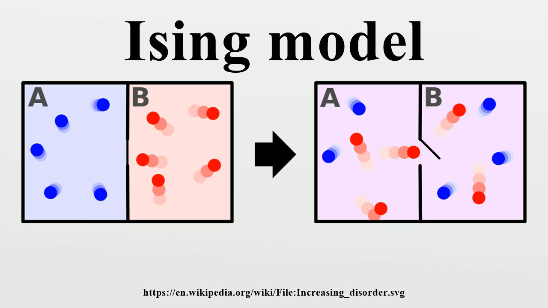Furthermore, since the energy equation H sigma only changes depending on the nearest neighbor's interaction influence J, we can view the Ising model and its variations such as the Sznajd model as a form of voter model for opinion dynamics.